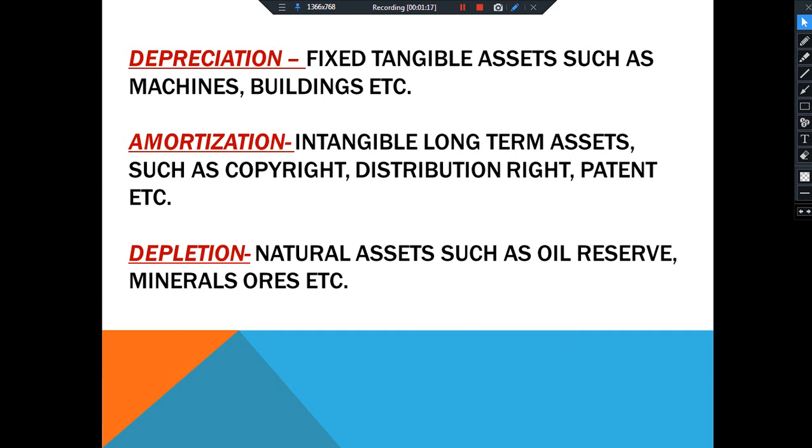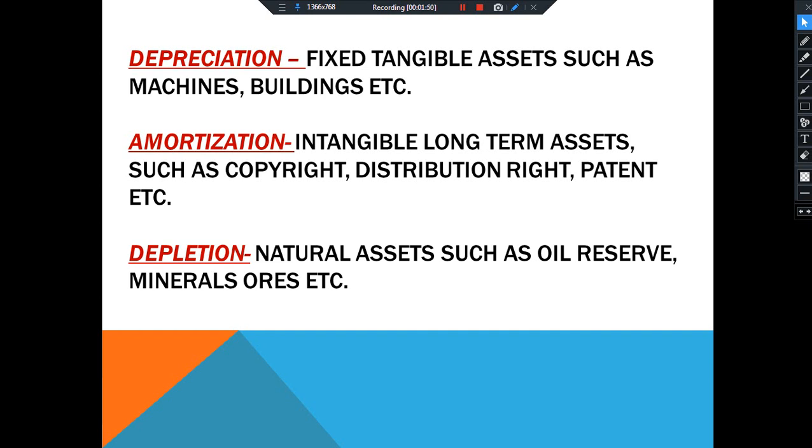And depletion is a very peculiar concept of depreciation, which is applied on natural assets such as oil reserves or mineral ores, because companies have some wasting assets, known as natural resources. So we have now understood the basic differences between depreciation, amortization, and depletion.